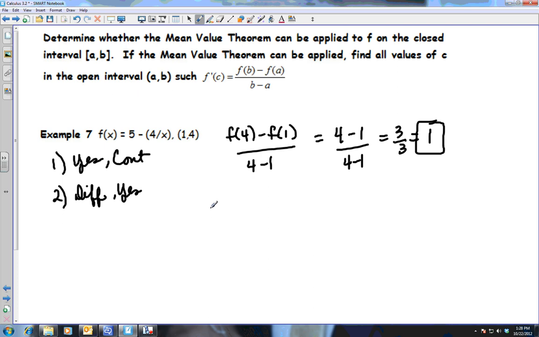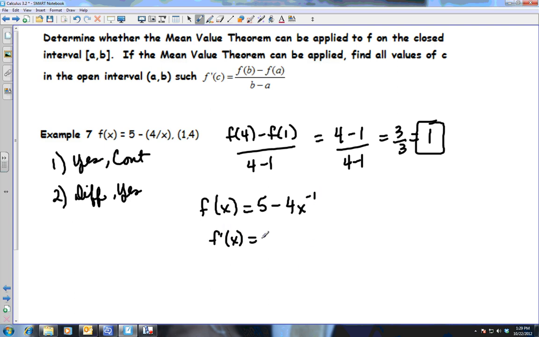Now I'm going to find the derivative of this and set it equal to 1 to find out where that occurs. So I'm going to rewrite this first. I have 5 minus 4 over x, but when I rewrite that, it's 4x to the negative 1. So now I'm going to find the derivative.